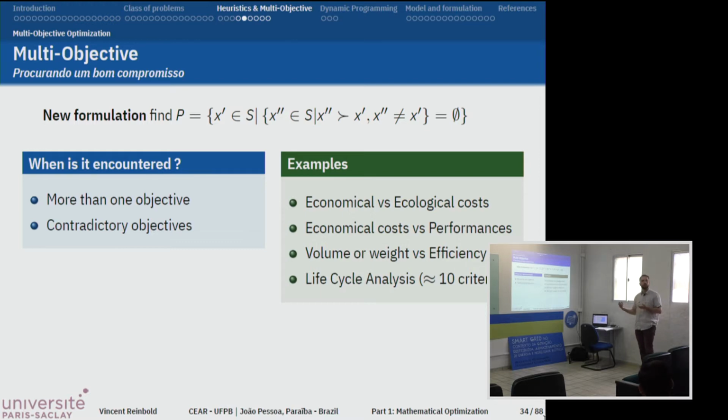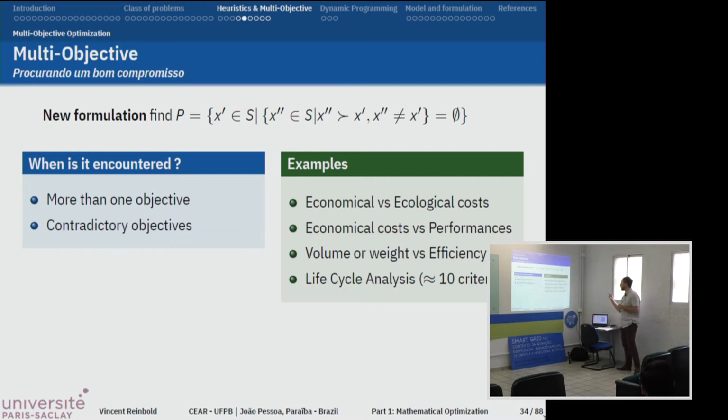So at the end, the price of the use or the performance of the building in the use will be worse, and at the end the cost on the life cycle of the building would be bigger than only the construction. Okay, so it actually happens a lot when there is objectives that are contradictory.